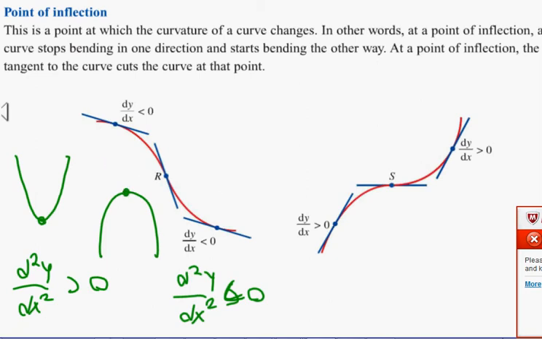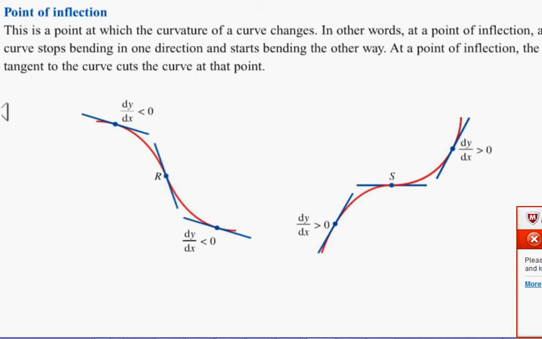If the second derivative equals 0, there is something called a point of inflection. This is when the second derivative equals 0.